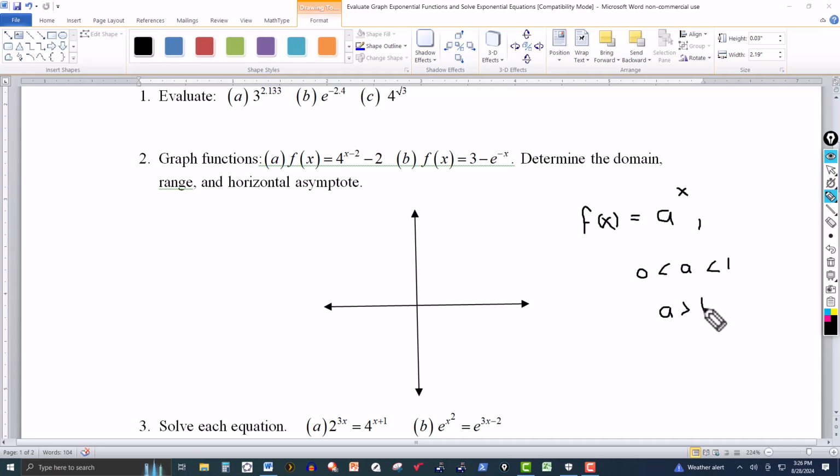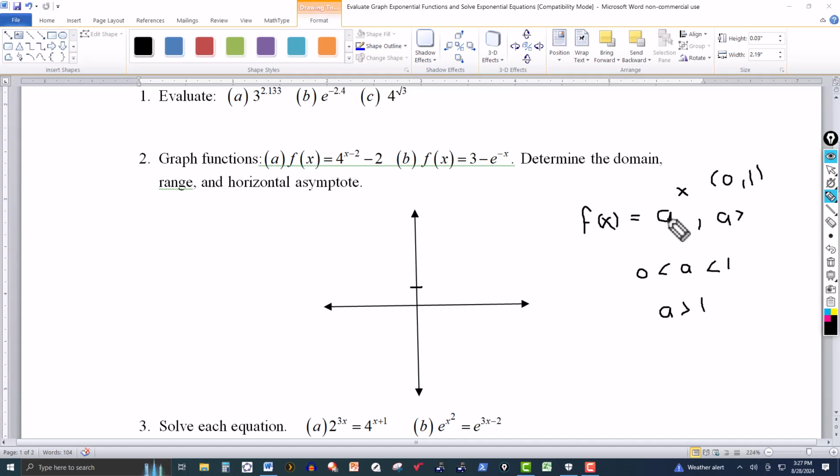If the base is greater than 1, say 1.2, 3, or 3.5, and we let x be 0, then a to the 0 is 1. So I know that the graph is going to pass through this point right here, the y-intercept, 0, 1.